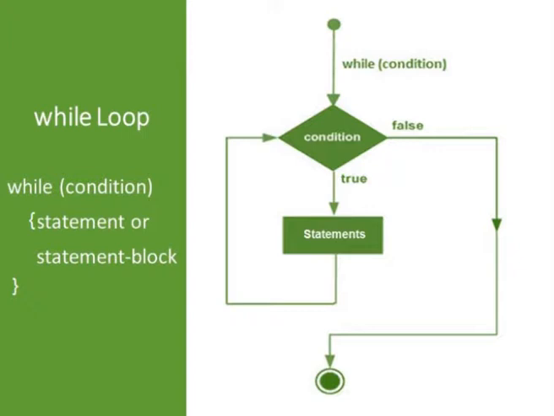If the condition is still true, the body of the loop will execute once again. So after executing the body of the loop, the condition is checked and the loop keeps executing as long as the condition is true. When the condition becomes false, the control goes to the statement which is written after the while construct.